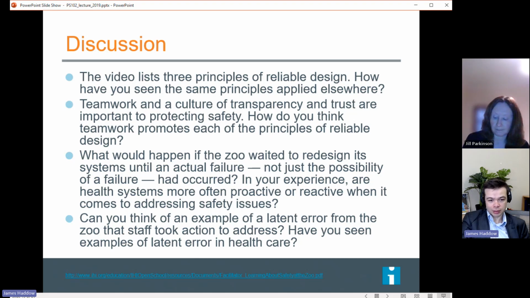So one change that came about from that was that the connectors and the tubes and everything were all changed so that the drugs look very different. They came in different packaging, and you couldn't actually physically connect the wrong drug to the wrong port. So that's how that latent error was taken away.